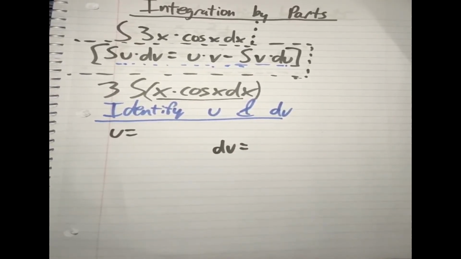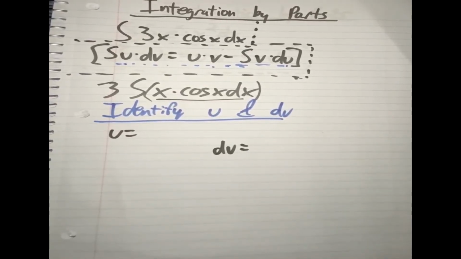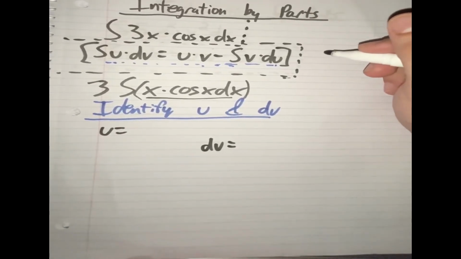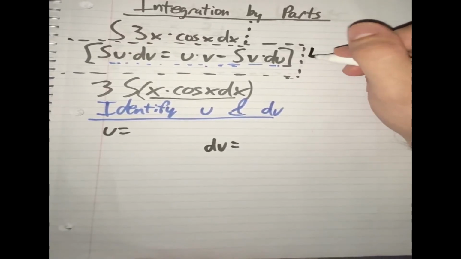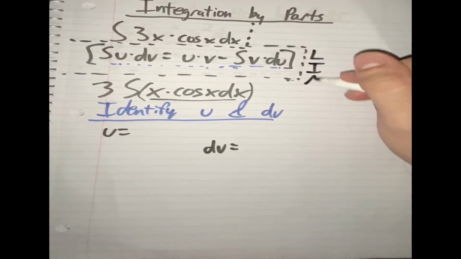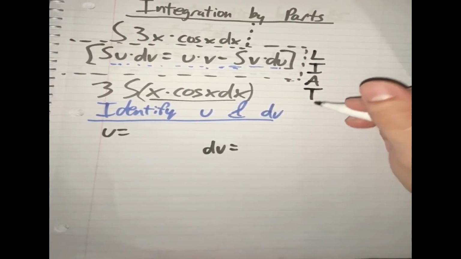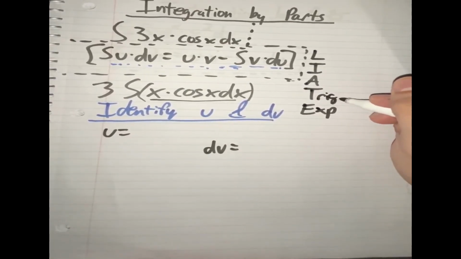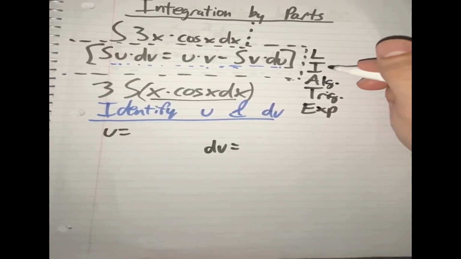But here's a neat trick that is called LIATE. LIATE is an acronym that we use in integration by parts for priority ranking.